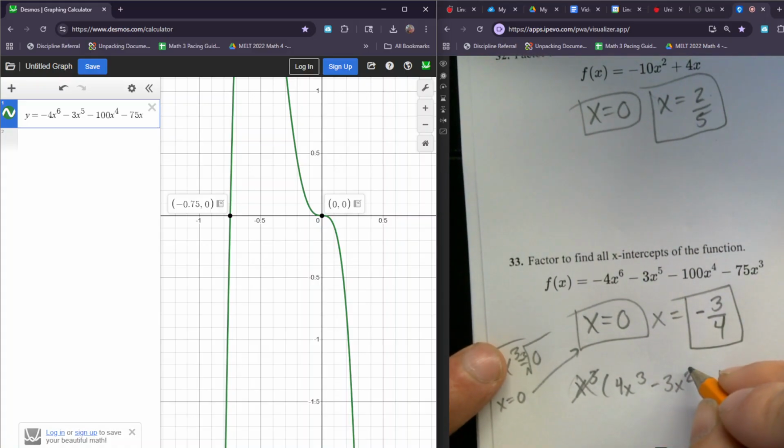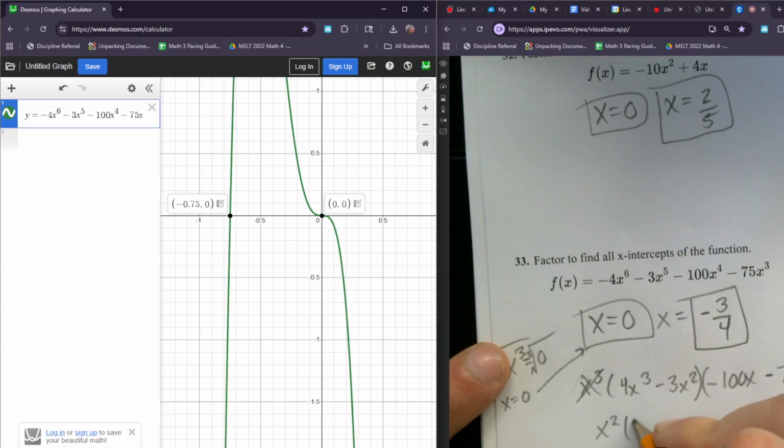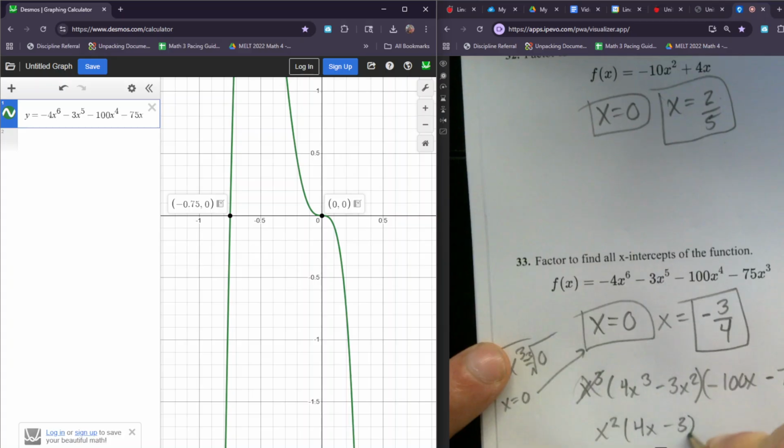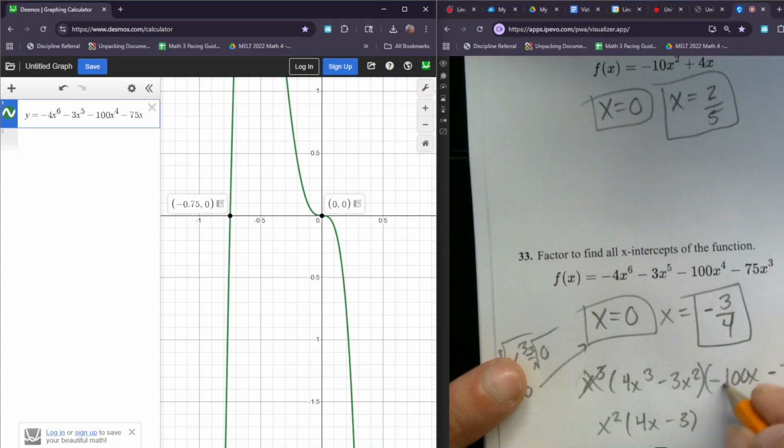Now take this and group it together. If I take an x squared out here, that leaves me with 4x minus 3. And then if I take the sign of my third term, the GCF here is a 25.